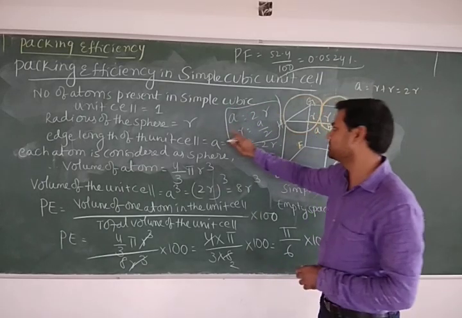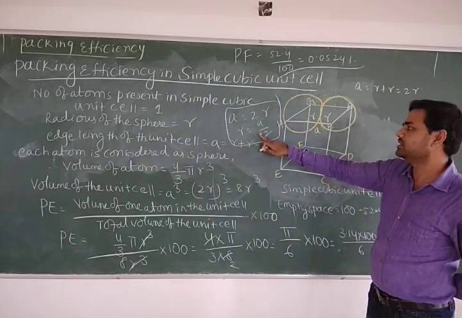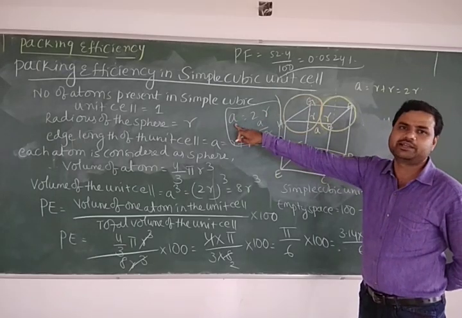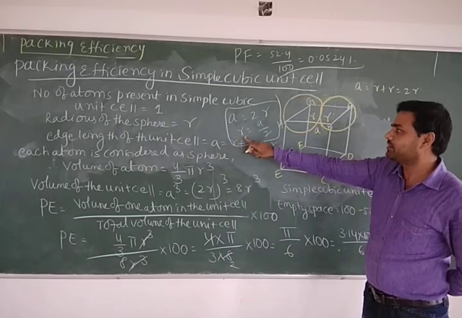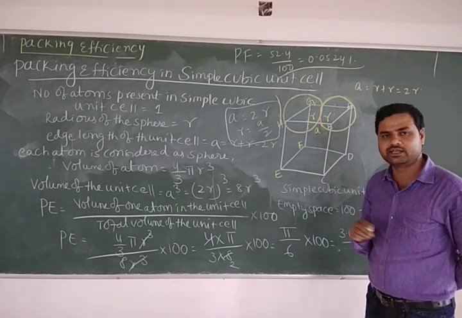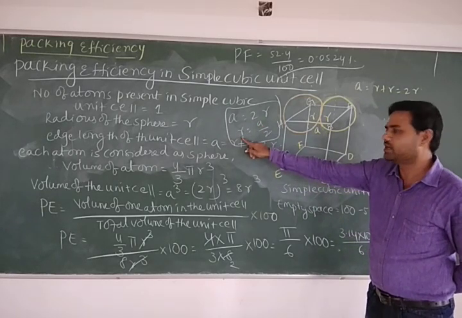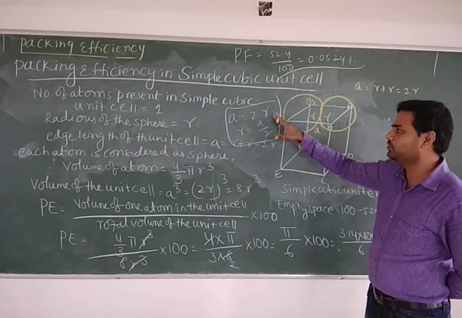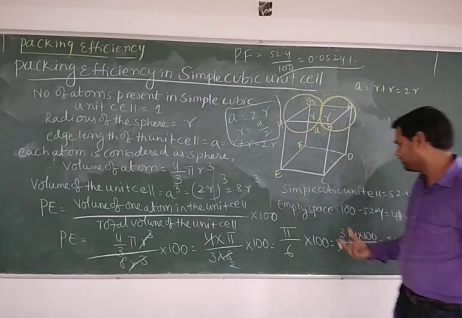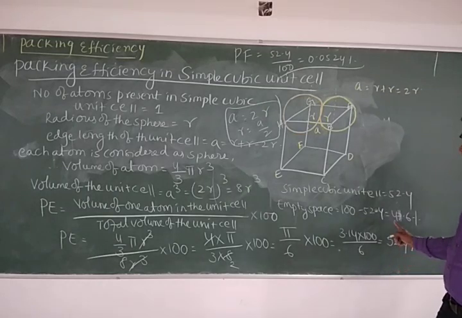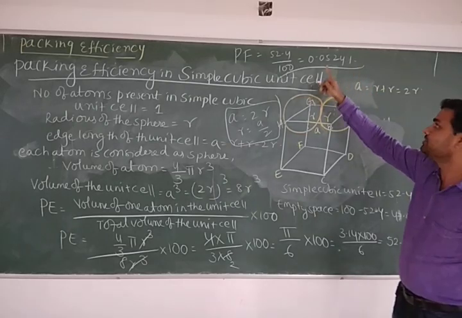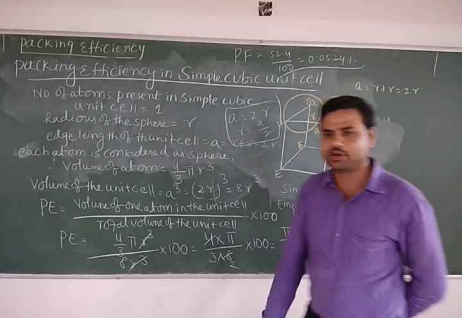In competitive examinations they may give the r value in the simple cubic and ask you to calculate the a value, or give the a value and ask you to calculate the r value. Therefore these formulas are very important: a equal to 2r, r equal to a by 2. Packing efficiency is 52.4%, empty space is 47.6%, and packing fraction value is 0.524. These values you must remember. Thank you.